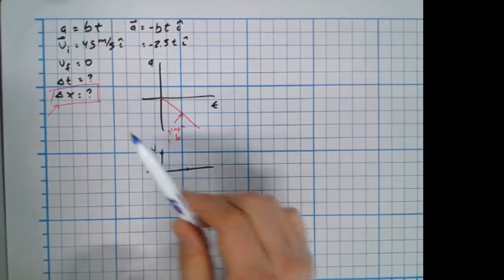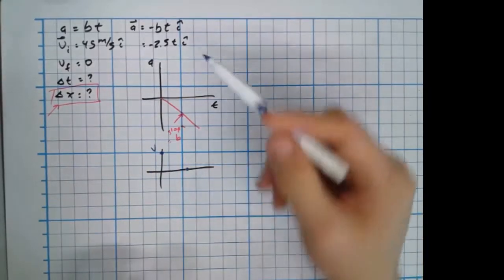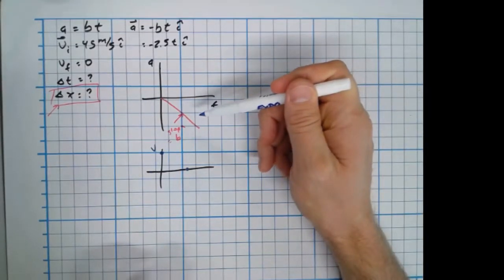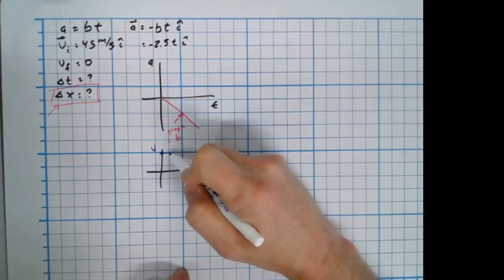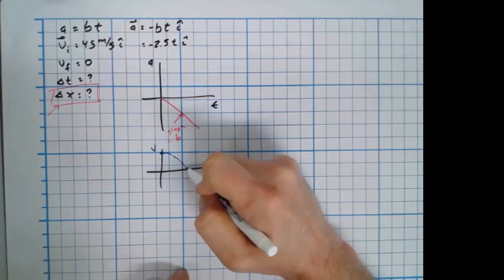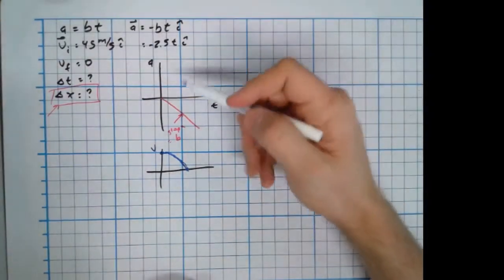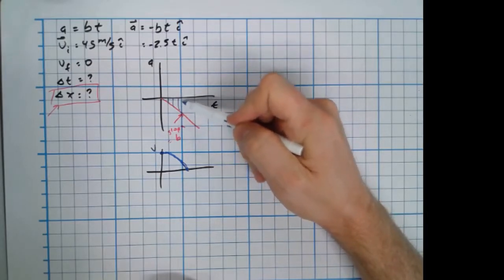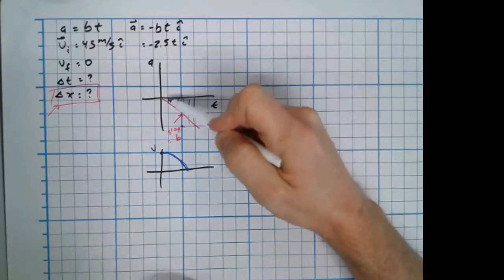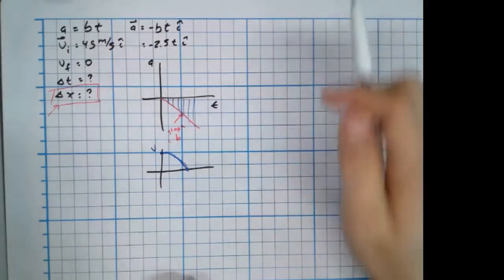Well, because the magnitude of the acceleration keeps increasing, that suggests that the change in speed is not very big at first, and then it gets bigger and bigger over time. So you have a curve down like that. And that kind of makes sense if you're thinking about adding up the little areas of this acceleration graph. If you add up all those little pieces, that tells you how much the velocity changes during that time frame.